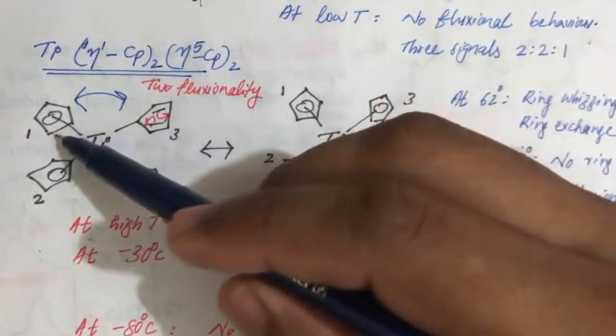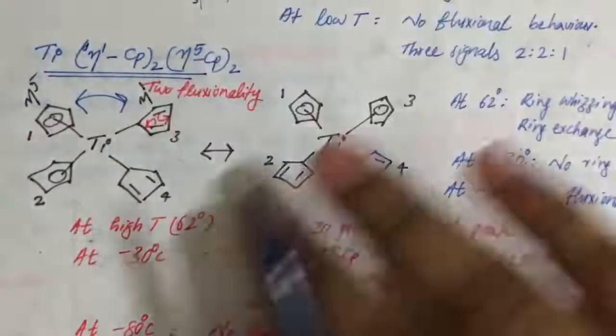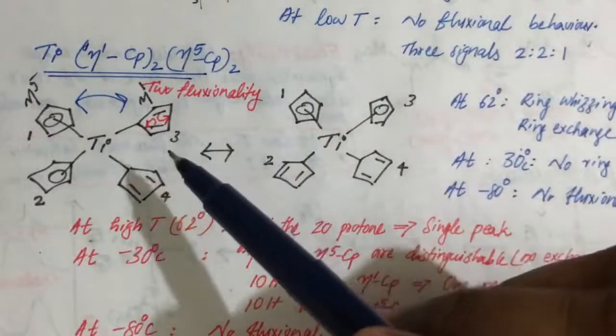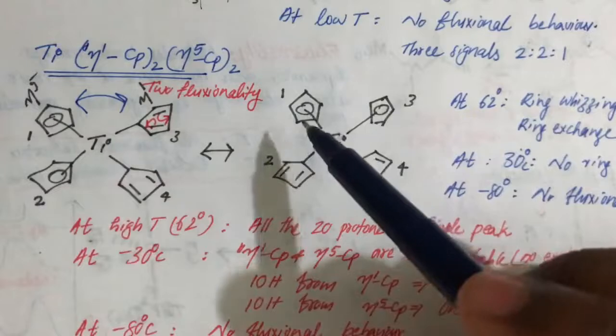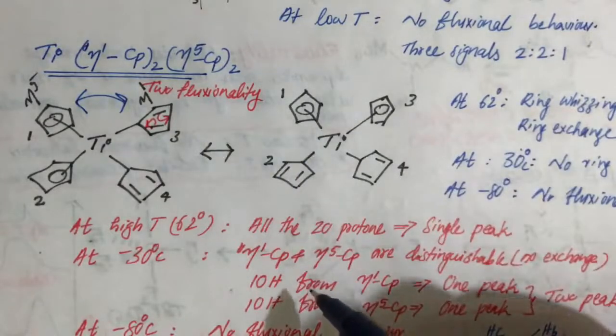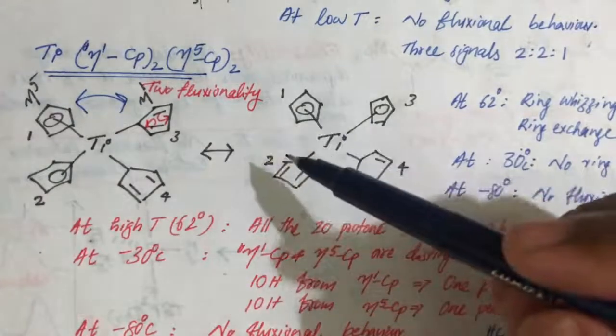Another is rapid change from eta 5 to eta 1. So this particular organometallic complex can show these 2 kinds of fluxional behavior. How can we detect this fluxional behavior? The same way, by means of NMR.